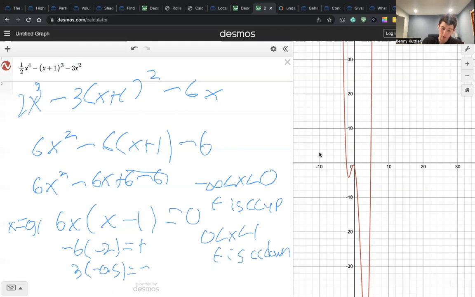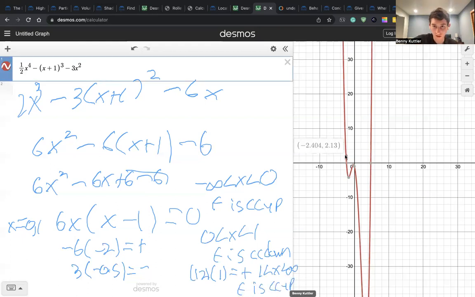And now we have one more interval, between 1 and infinity. If we plug in a value, let's say 2, we get 12 times 1, which is a positive number. So when x is greater than 1, f is concave up.